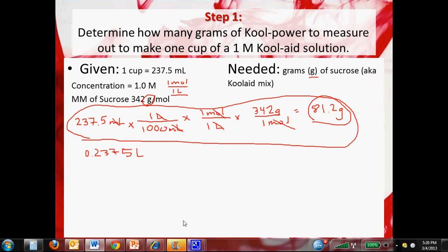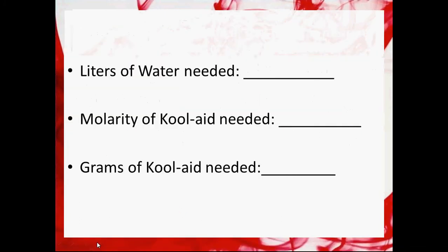So in your second step, let's see if it's on here. Oh, so liters of water needed, we said we needed 0.2375 liters. Molarity, remember, was given to us in the problem, which was 1 molar. I'm going to make more significant figures there.